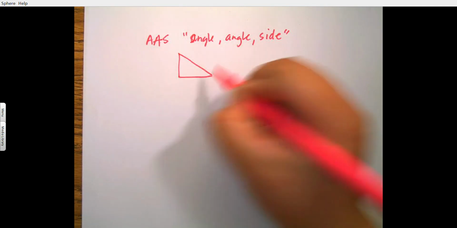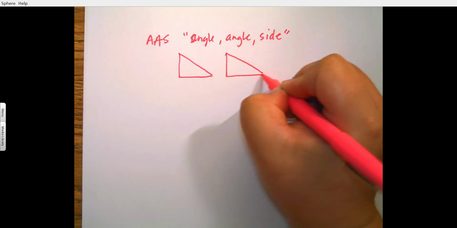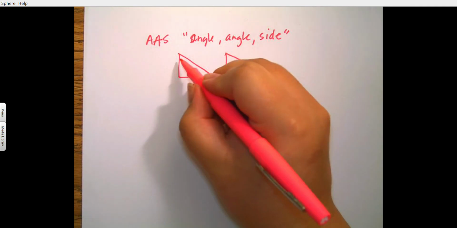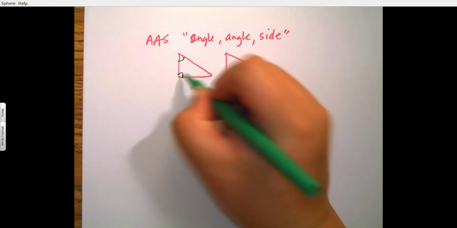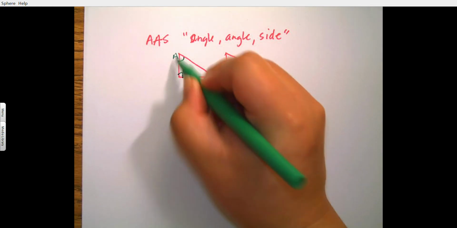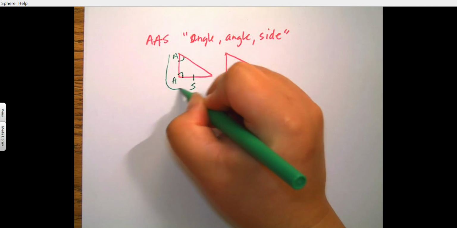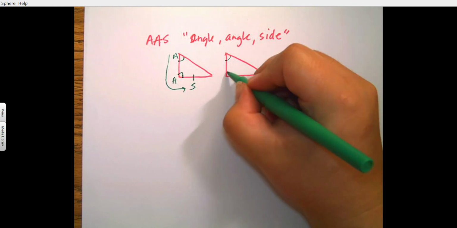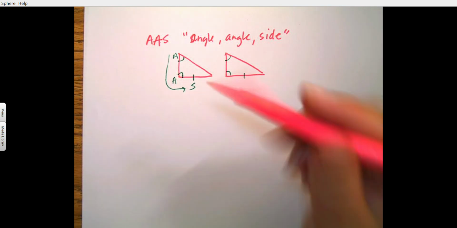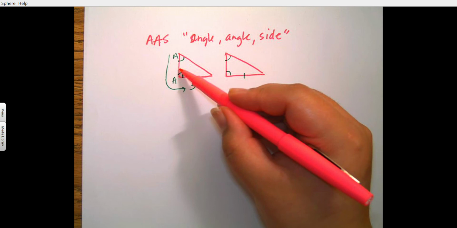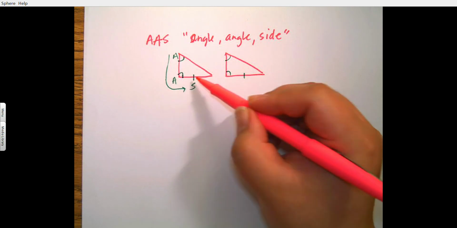So in our example here, it has to go angle, angle, side. So we're going to skip the middle and go angle, angle, side.